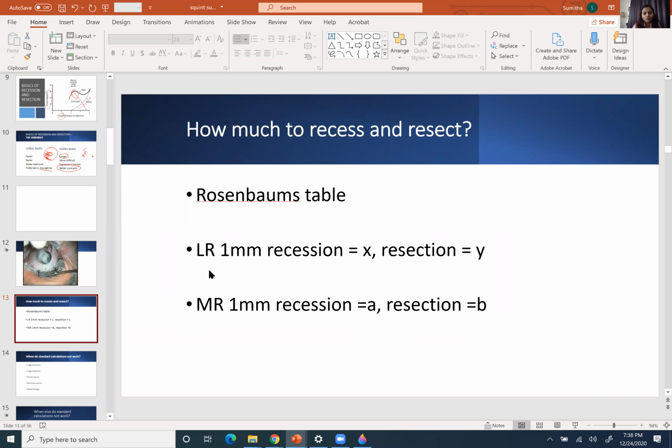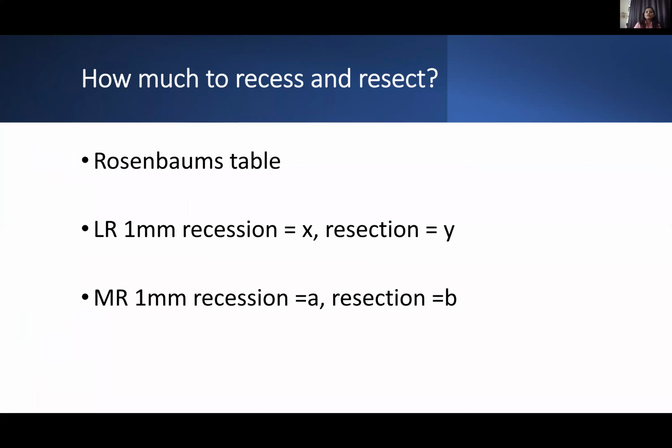Some people follow an algorithm like 1 mm recession equals X or resection equals Y. For LR and MR it's different. For LR you need to resect a larger amount of muscle to correct the same amount of deviation, whereas for MR, which is actually a shorter muscle, you need to do less resection to achieve correction of the same amount of deviation. So what each person follows is very different.